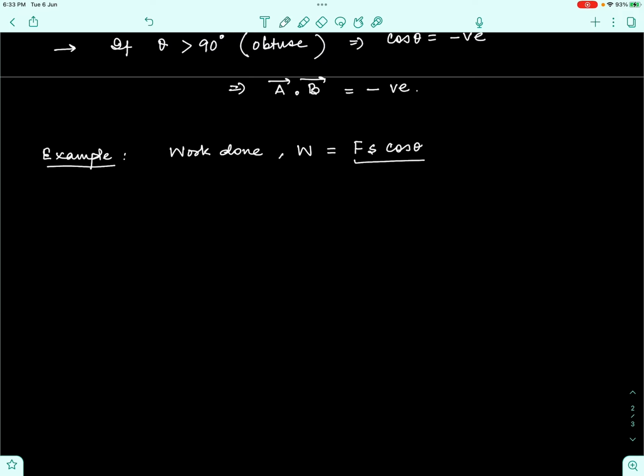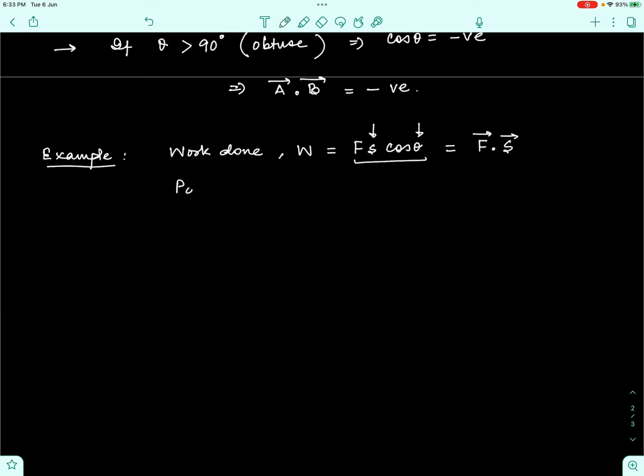Force is a vector here, s is the displacement vector, and theta that we take up in this formula is the angle between the force and the displacement. So, this is nothing but F dot s, the dot product of the force vector with the displacement vector. So, work done by a force is actually the dot product of the force vector with the displacement vector.